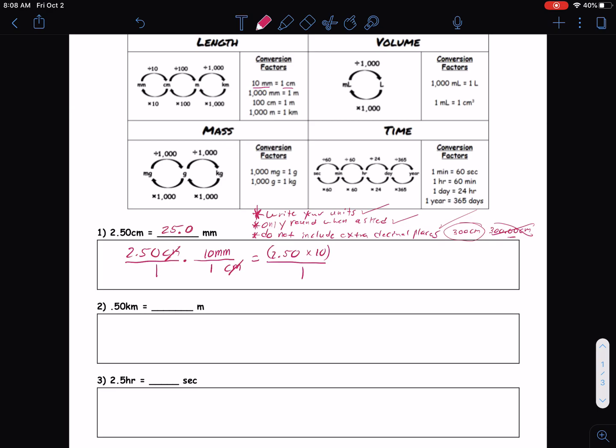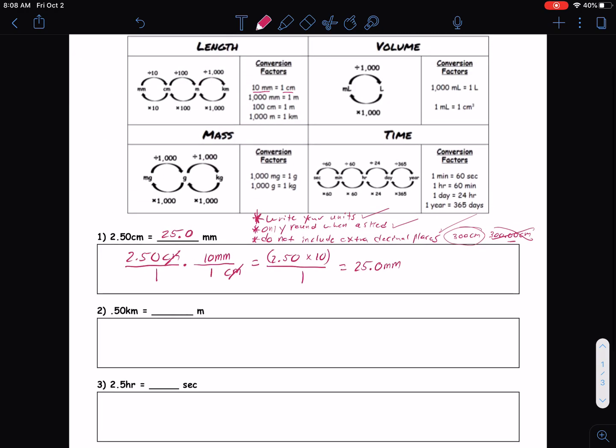We're going from a bigger unit to a smaller unit. We're going to multiply, equals 25.0 millimeters if you move the decimal. If you didn't, it would just come out to be about 25.